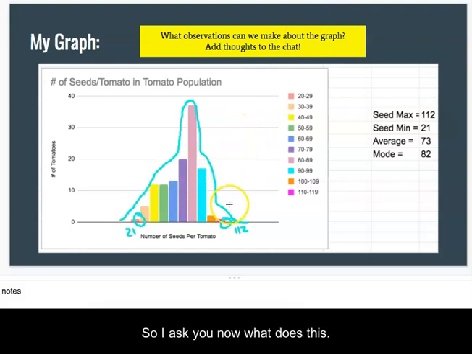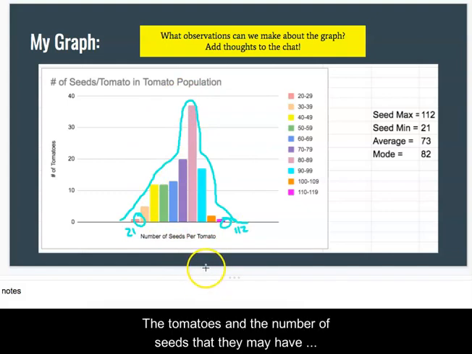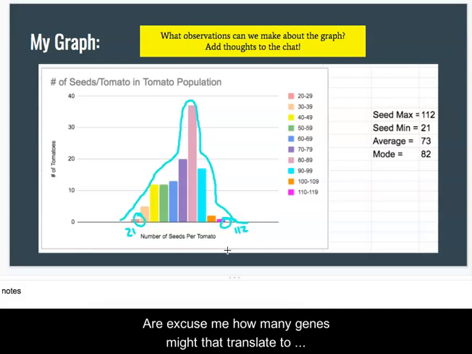So I ask you now, what does this represent in terms of how many genes you think control the tomatoes and the number of seeds that they may have? How many genes might that translate to?